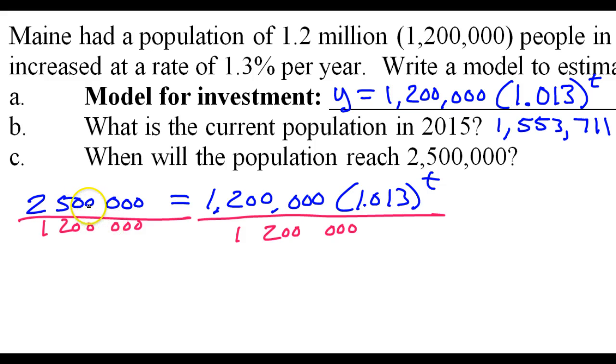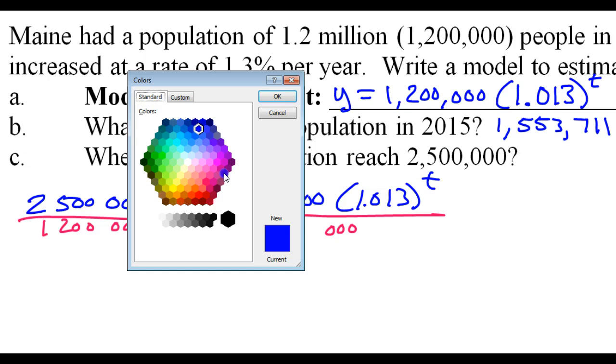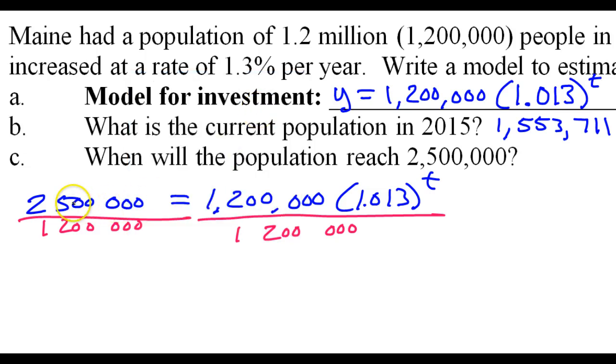Just to make my life easier, shortcut wise, all these zeros, 1, 2, 3, 4, 5, 1, 2, 3, 4, 5, it'd be the same as having 25 over 12.